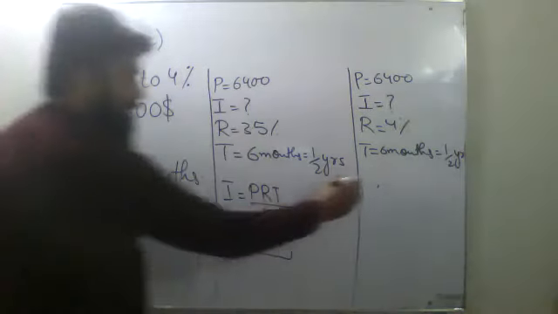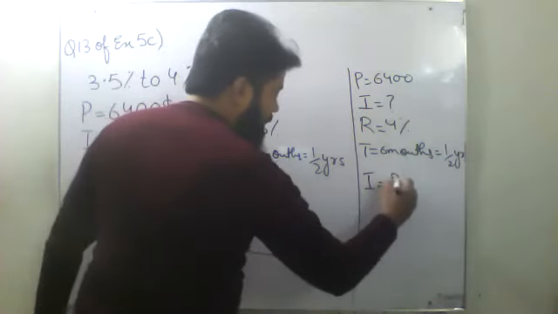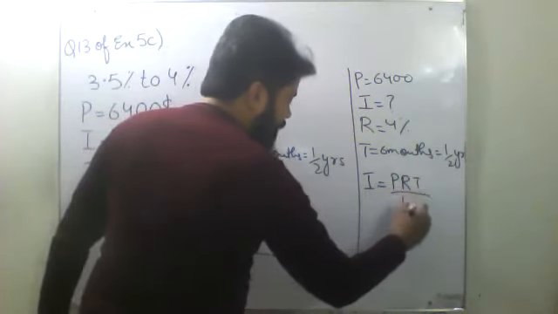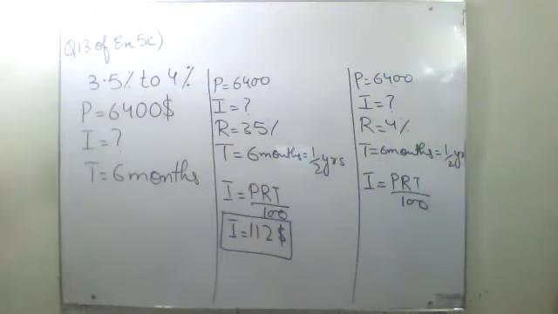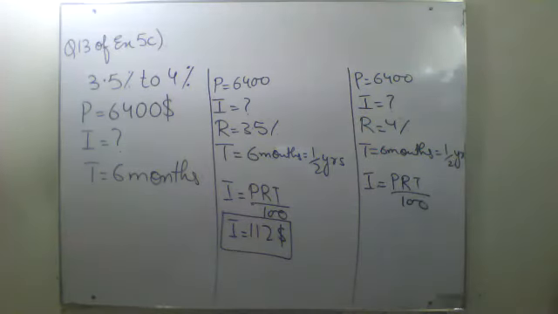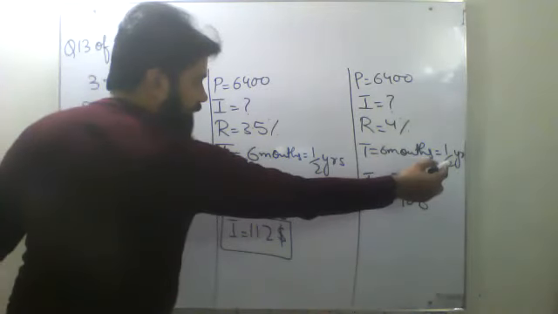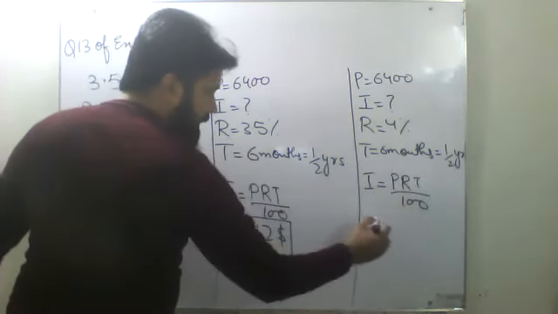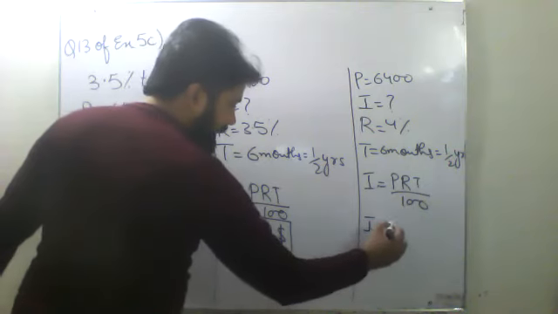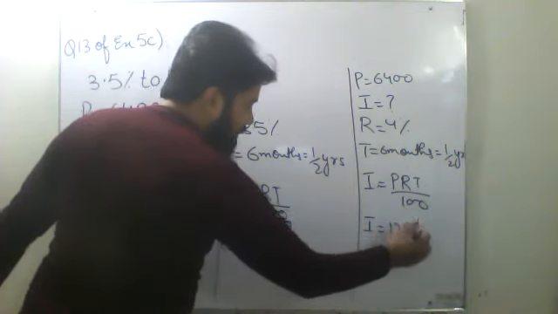I equals to PRT over 100. Now P will be 6,400, R will be 4, T will be 1 over 2 over 100. When I simplify it, the answer is coming $128.